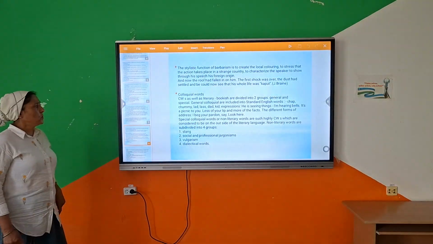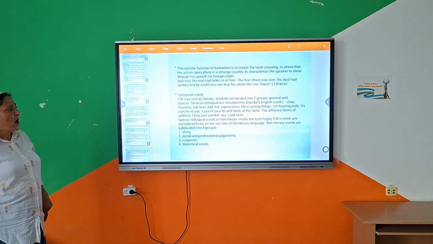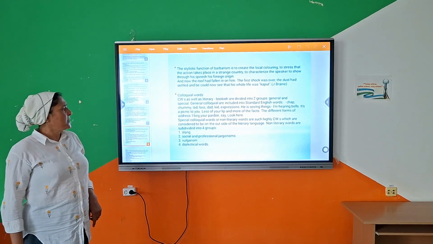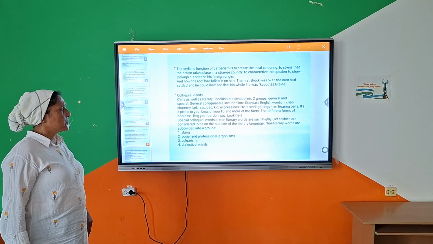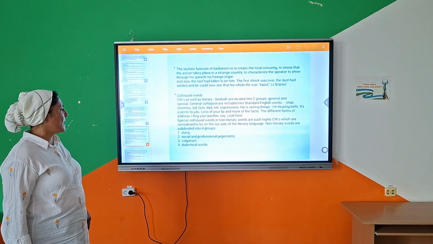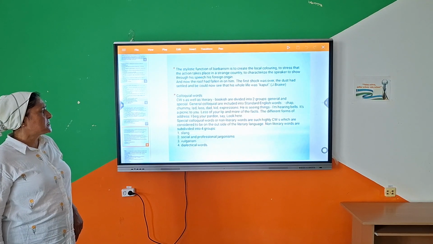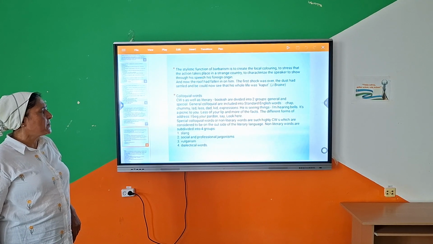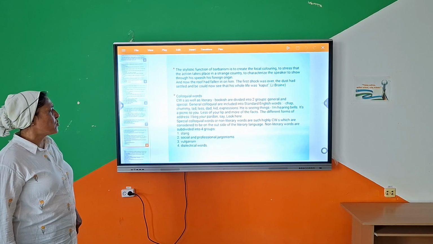Colloquial words. Colloquial words, as well as literary or bookish words, are divided into 2 groups, general and special. General colloquials are included in the standard English vocabulary, for example, chap, chummy, red, dead, heat. Expressions such as he is seeing things, or I'm hearing bells, it's a picnic to you, less of your lip and more of the facts.